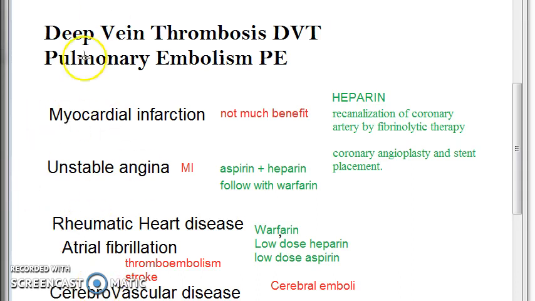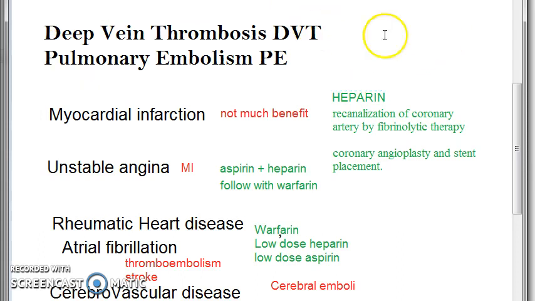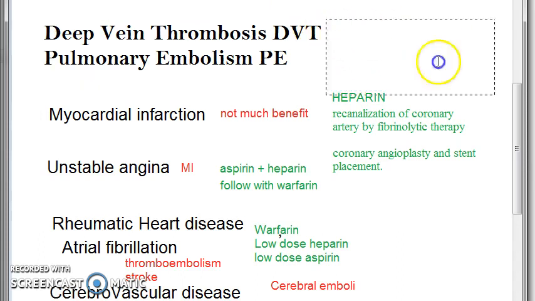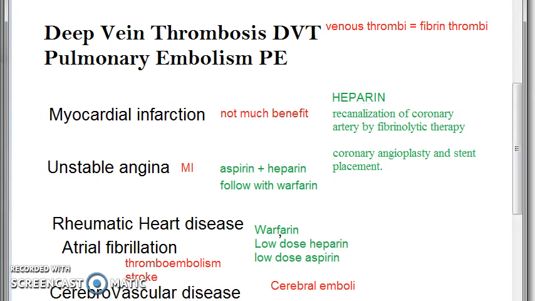That is why this is the number one use of anticoagulants. Venous thrombi will usually be fibrin thrombi, and anticoagulants are very, very effective. Same as what we have learned till now, you should give heparin and maintain the person with warfarin.